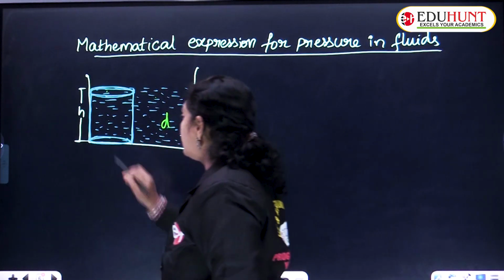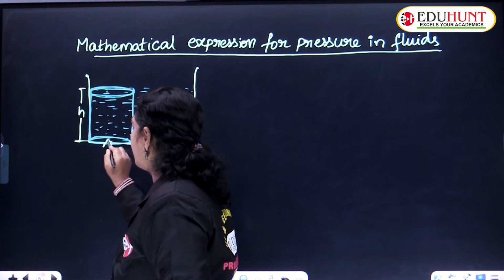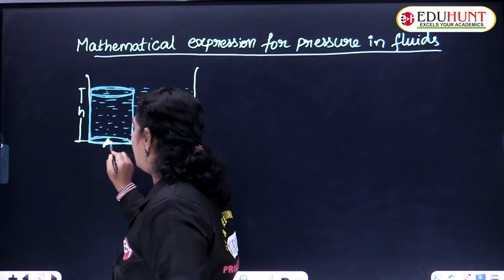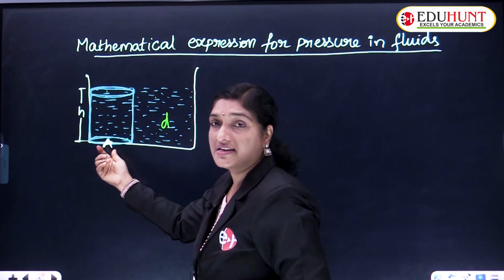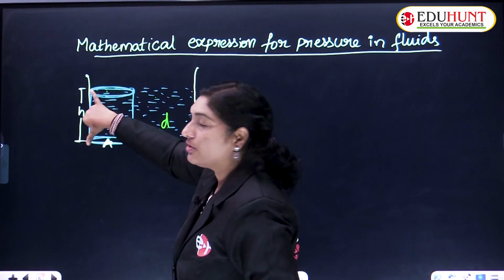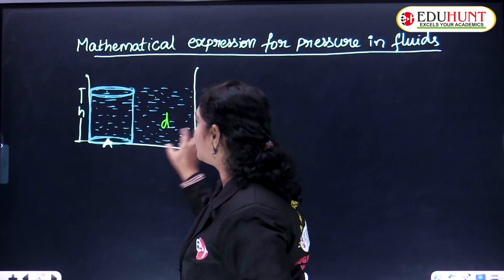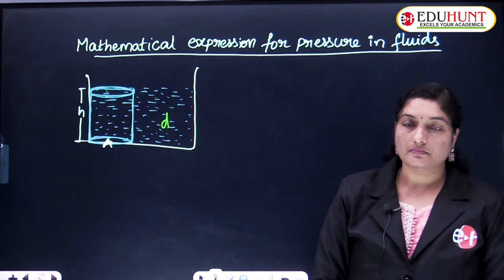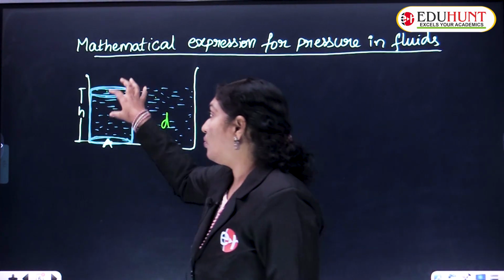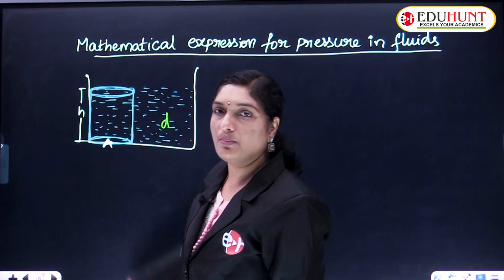Let us suppose that the area of cross section of this cylinder be some A. What is the area of cross section? A. So I have given you the area of cross section as A, the height of the cylindrical portion of this water as h, and the density of the complete liquid is D. Does this water exert any force or any thrust on the bottom?